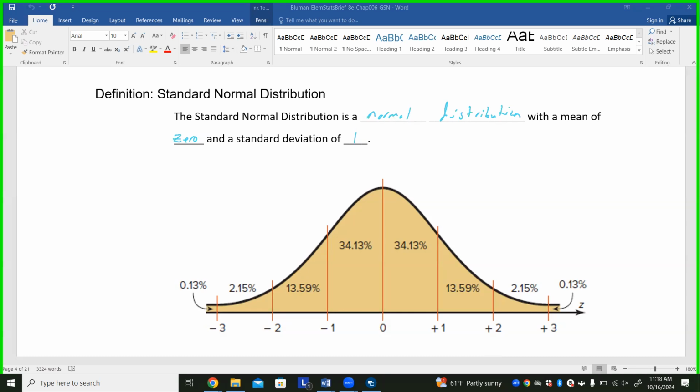So in a perfect ideal world, the mean is 0, and then you're 1 standard deviation away on both sides. So 1 standard deviation from 0 is 1, 2 standard deviations from 0 would be 2, 3 standard deviations from 0 would be 3, and then you have the same effect on the positive and negative side. All right, so that's a perfect world normal distribution, ideally. Does that make sense?